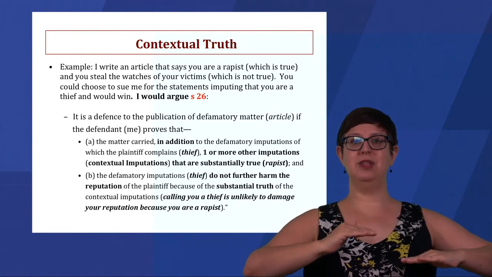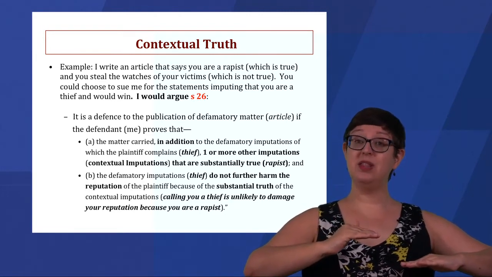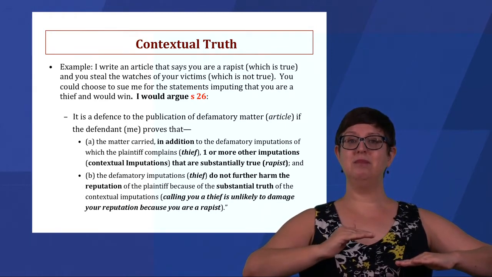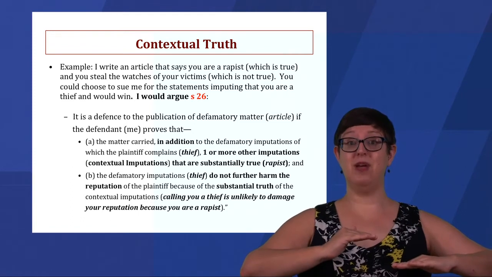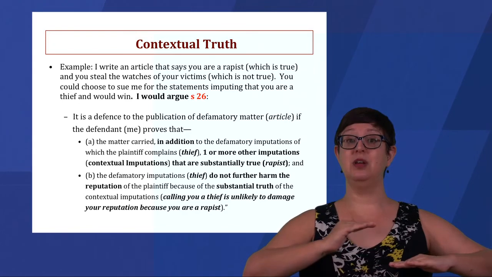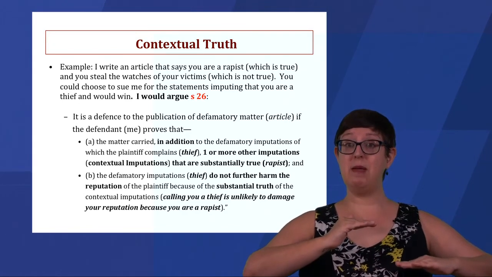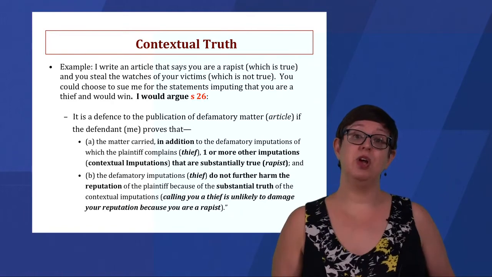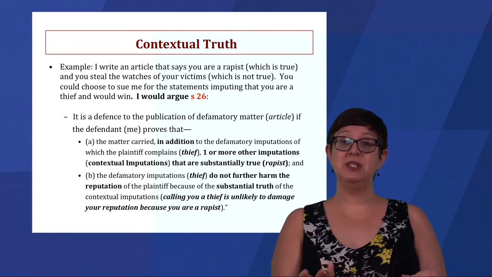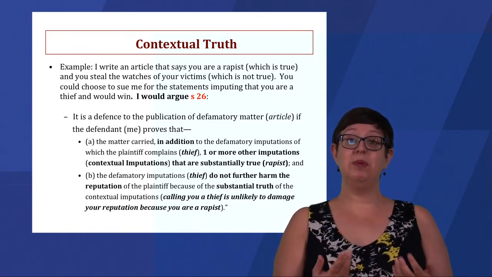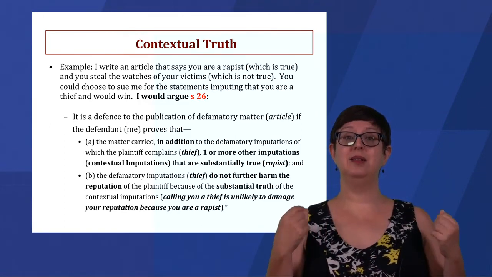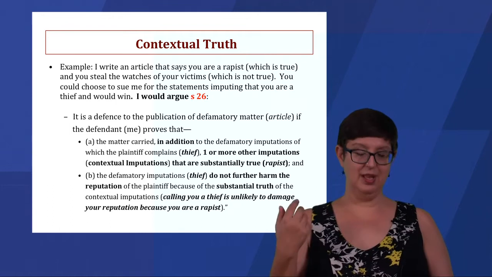And then being called a thief would also put their reputation lower than that of an average person, but above that of a rapist. Then my technically defamatory imputation has a defence. It hasn't reduced their reputation below its proper level, that of a rapist. So therefore this defence works to say that the defendant does not have to compensate or otherwise give a remedy to a plaintiff where their reputation should be lower than where the defamatory imputation would have put it.